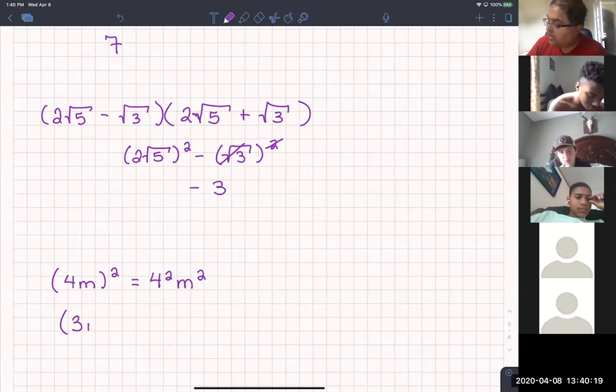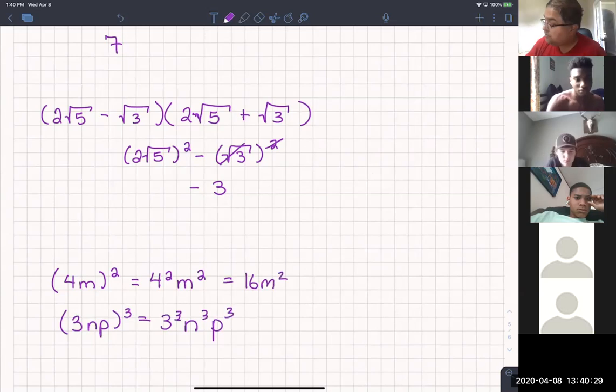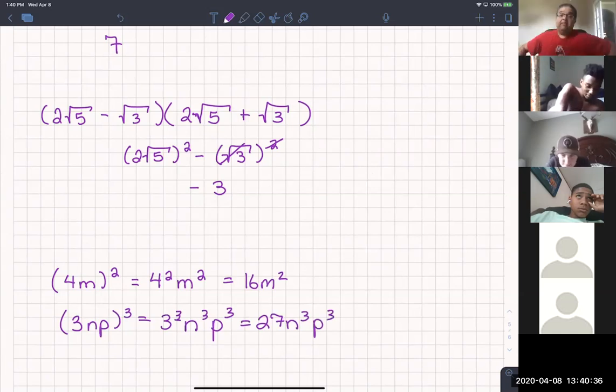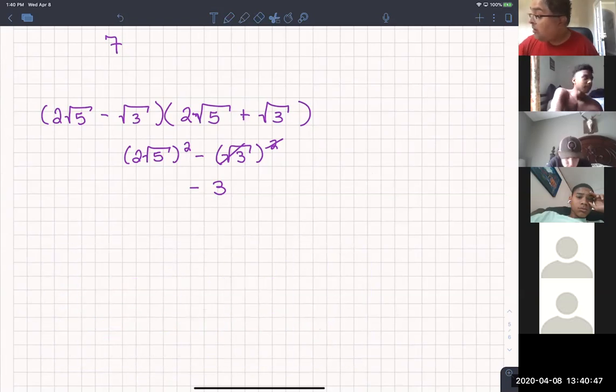So 3np cubed is 3 cubed n cubed p cubed. Do you remember that property of exponents? You can't forget, because radicals, and we're going to talk about this later on, are a type of exponent. So we're going to give this exponent of 2 to the 2 and to the root 5, and square each.